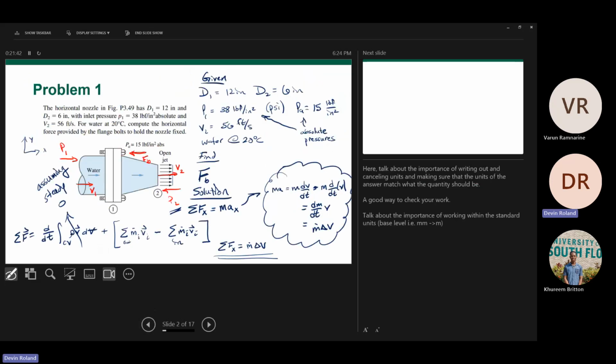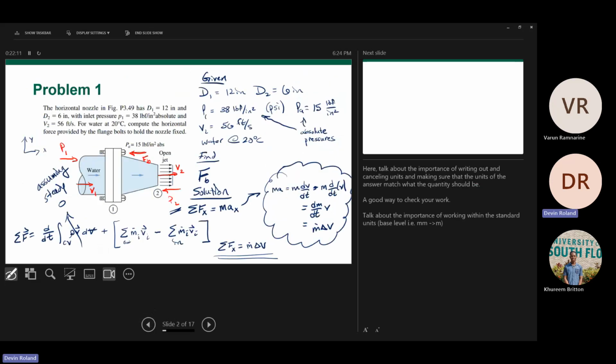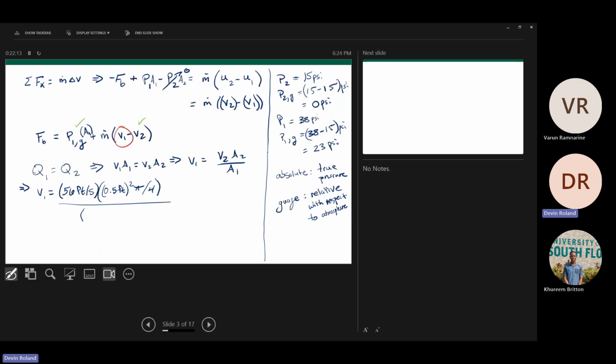A2 was, well, the diameter at section 2 was 6 inches. Since we're working in feet, I'm going to put half a foot, and just convert that in my head, 6 inches to half a foot, squared times pi divided by 4, over, and then at section 1, we had a diameter of 12 inches, so that'd be 1 foot squared pi over 4.